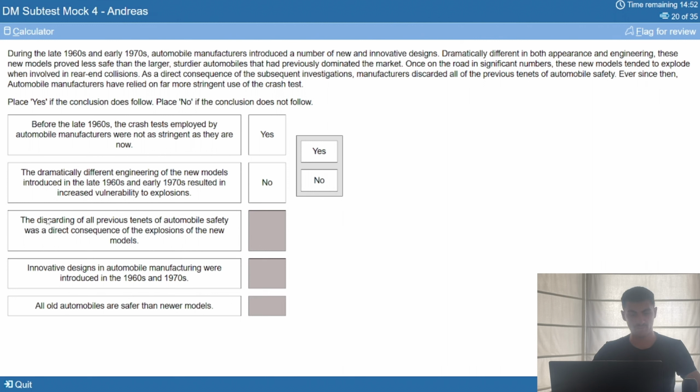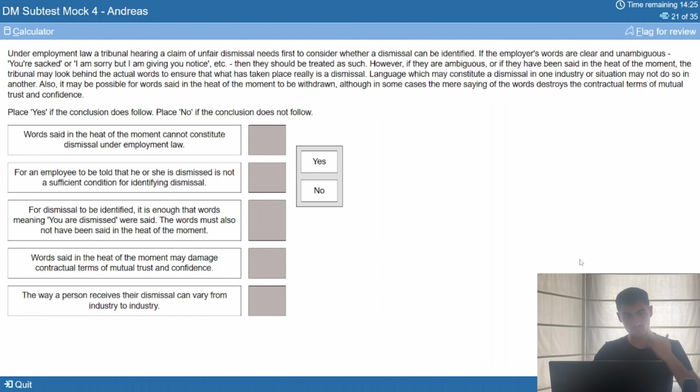Causation. Direct consequence, again, same concept. So that's why it's probably no. Yeah, I mean this is in the first sentence. I remember that. All automobiles are safe. I mean that's a no. Okay, that's just yeah.